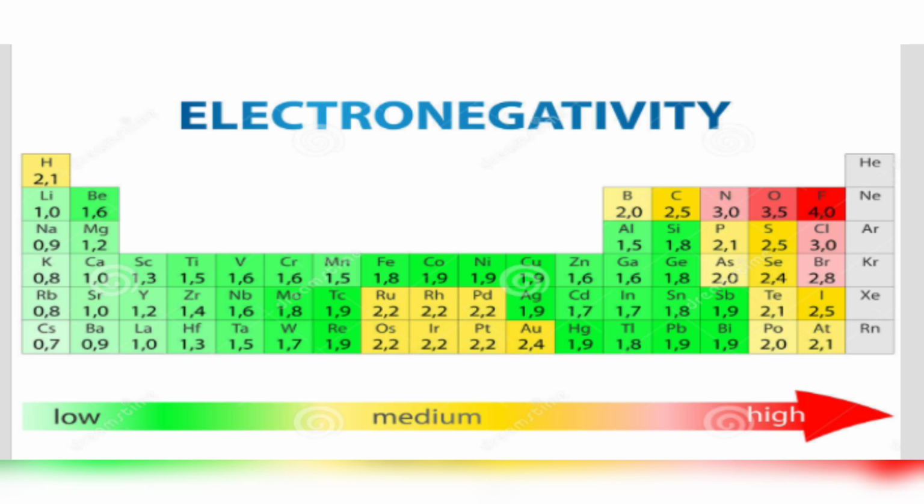This concept we call effective nuclear charge. If the effective nuclear charge is high, then the electronegativity is also high. So we observe that from lithium to fluorine the electronegativity increases.